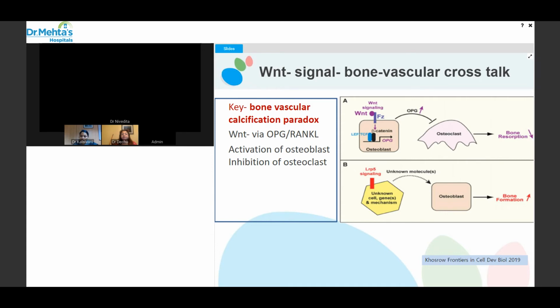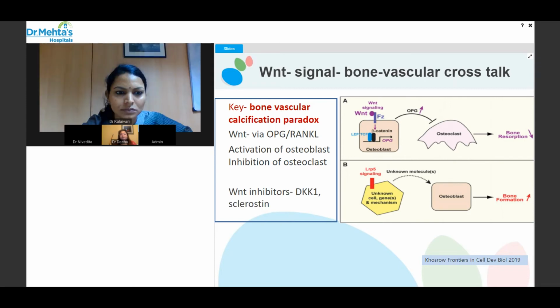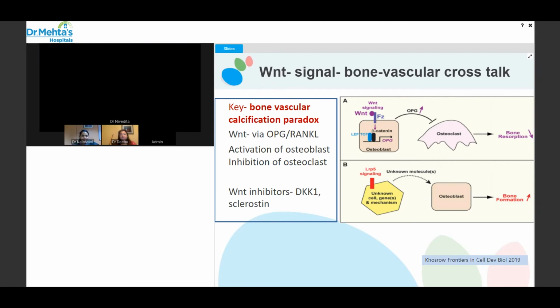And by some unknown signaling mechanism, the osteoblasts also increase bone formation. So the Wnt signaling pathway is a key pathway for activation of osteoblasts and inhibition of osteoclasts. In CKD, there is a significant increase in Wnt inhibitors, and the most important of these, which has been the talk of the recent papers, is sclerostin.